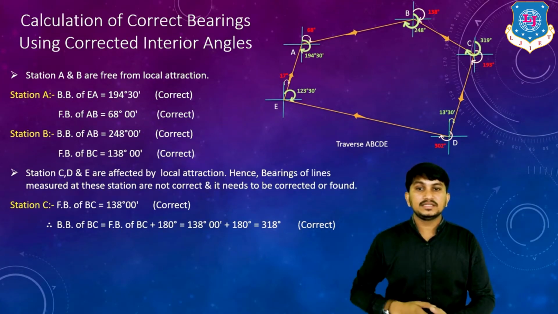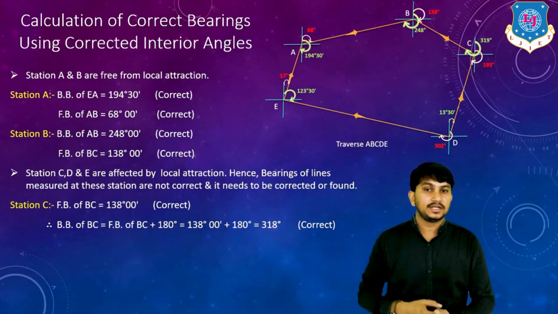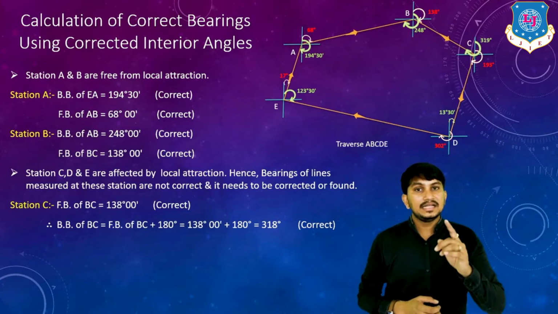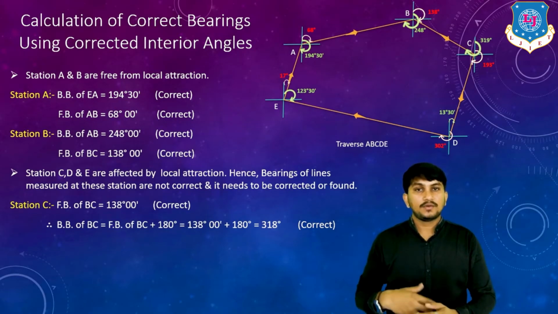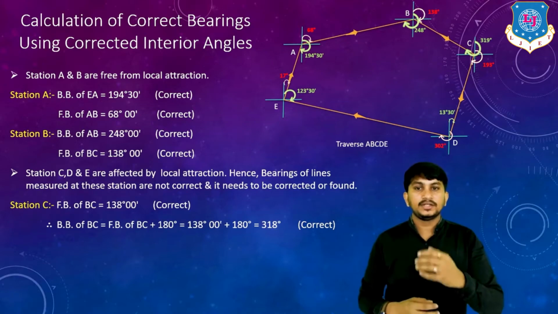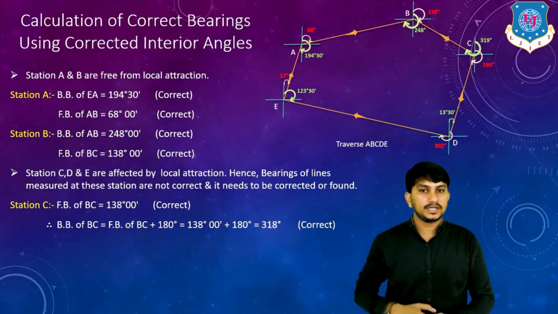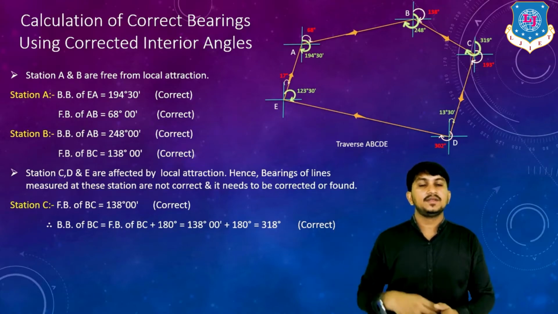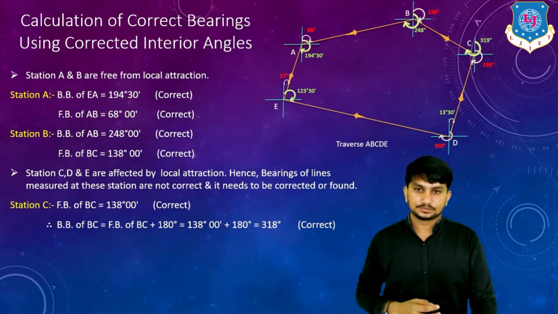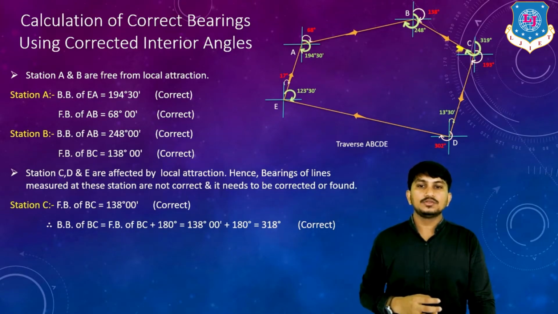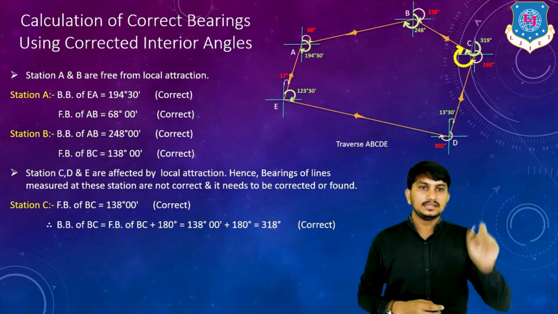BB of BC is equal to FB of BC plus 180 degree because here FB of BC is less than 180 degree. So to find out BB of BC, we have to add 180 degree: 138 plus 180, 318 degree, which is corrected.